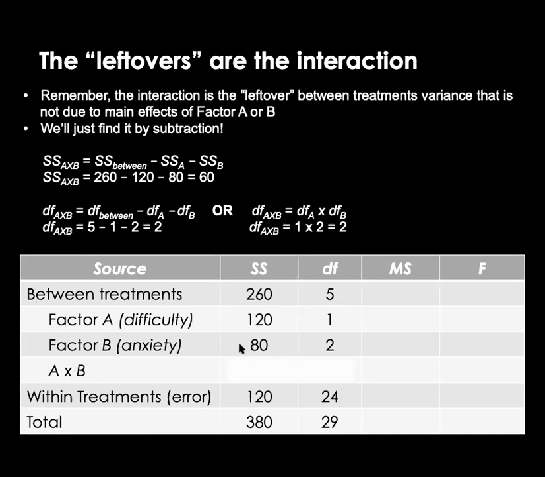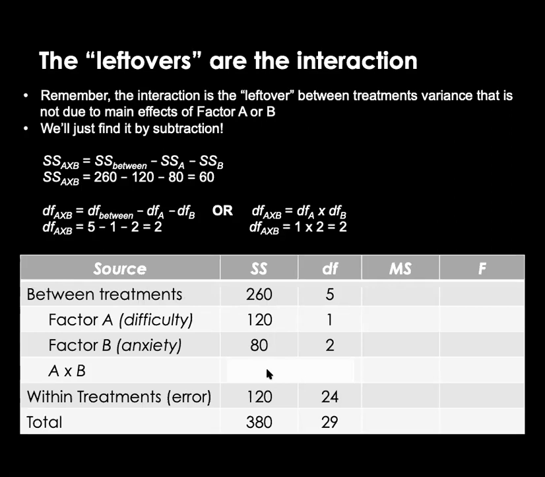And so because that's true, we can just do some very basic subtraction, okay? So sum of squares for the interaction of A and B equals sum of squares between, this between treatment sum of squares here, minus A minus B, because this is just the leftovers. So we'll take 260 minus 120 minus 80, and you get 60.